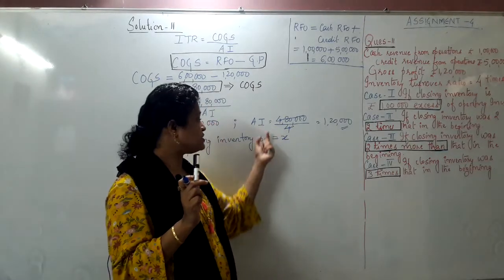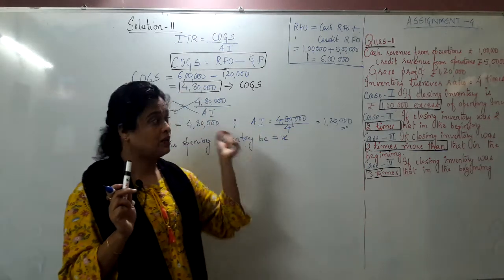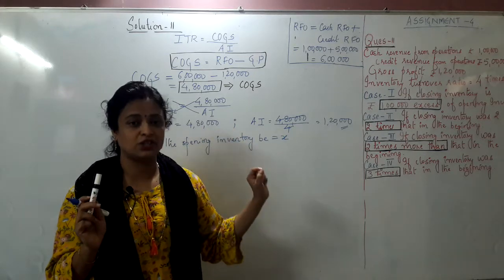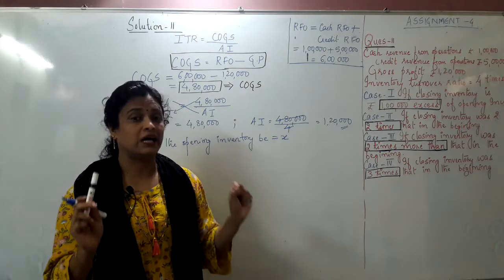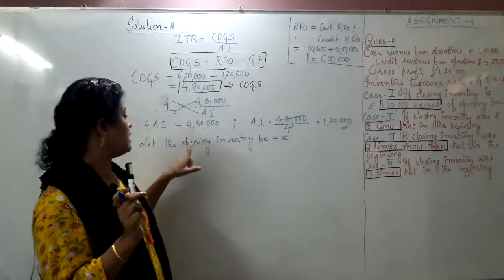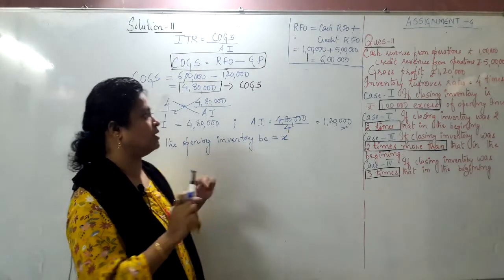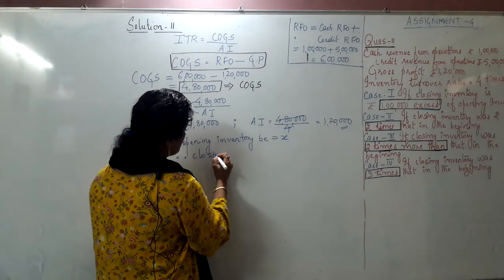So which figure has to be assumed as X? Simply keep it in your brain: the item regarding which no information has been given has to be assumed as X. Therefore, I have assumed X for the opening inventory. So what will be the value of the closing inventory?